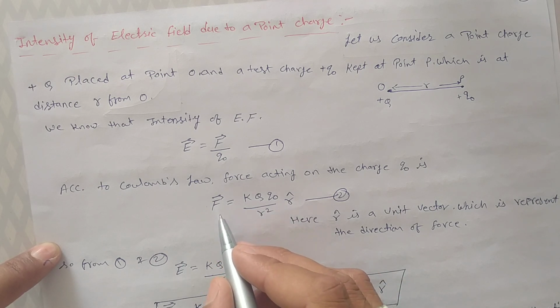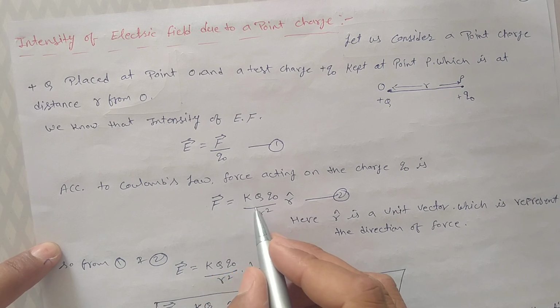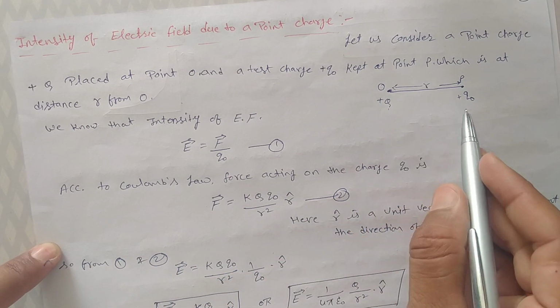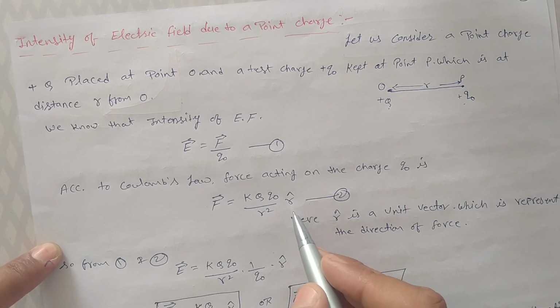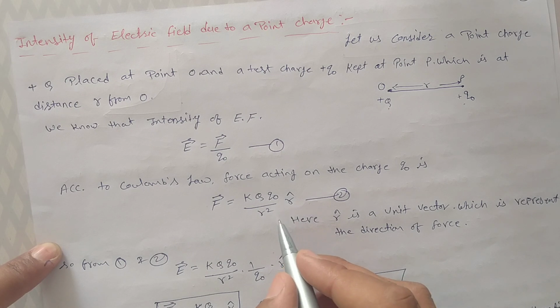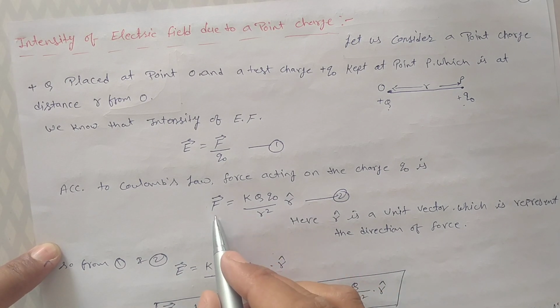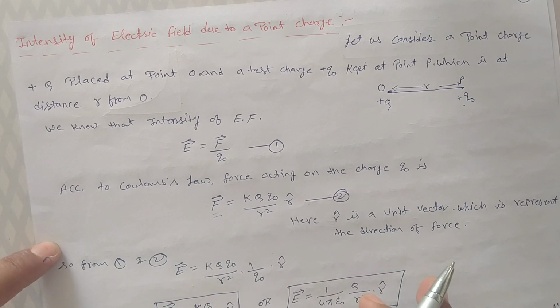So the force acting on the charge Q naught, F vector, is equal to K Q naught upon R square R cap. R cap is a unit vector which represents the direction of the Coulomb force.